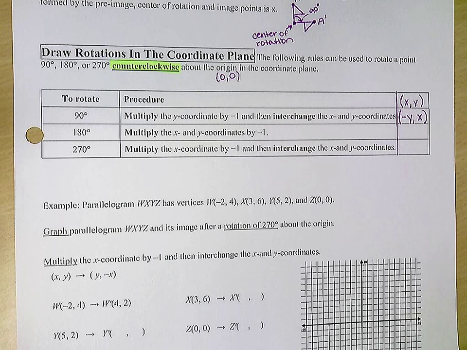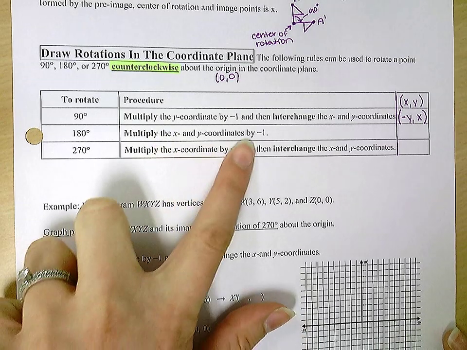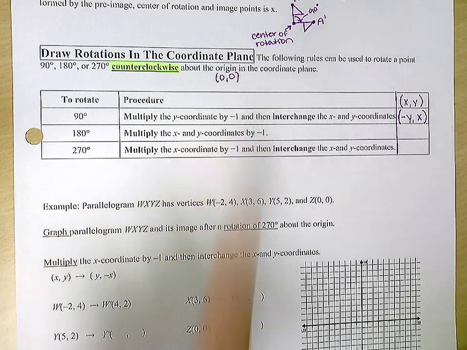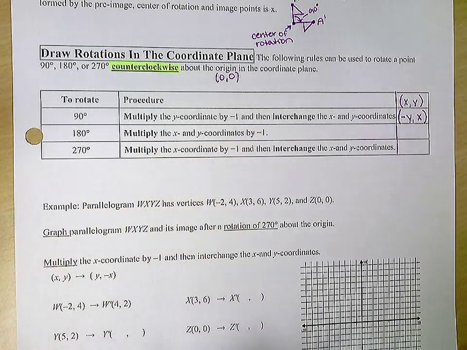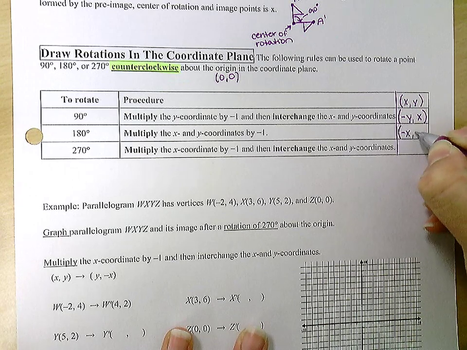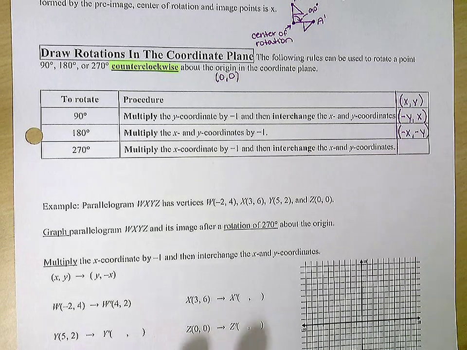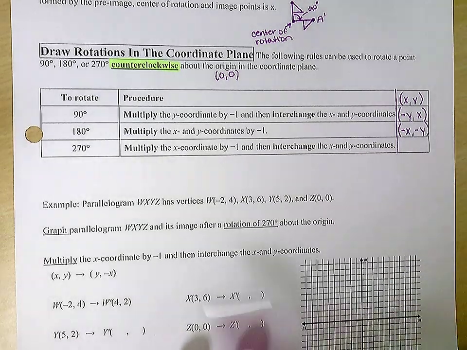Then for 180 degrees, you need to multiply x and y by -1 this time, but we don't have to interchange them. So my new coordinate would be (-x, -y).